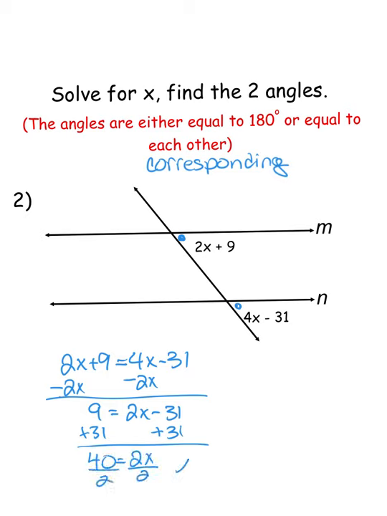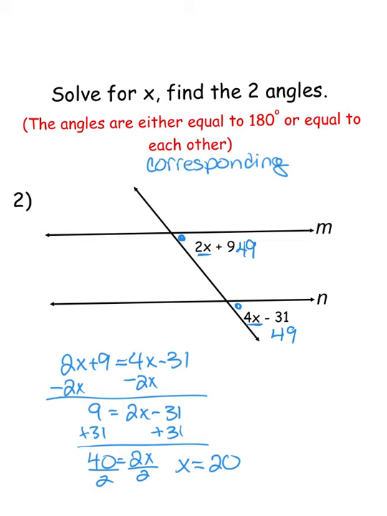If I divide by 2, I get x is 20. If I plug that in here, 2 times 20 is 40 plus 9. That tells me this angle is 49. If I plug the 20 in here, 4 times 20 is 80 minus 31. That also gives me 49.